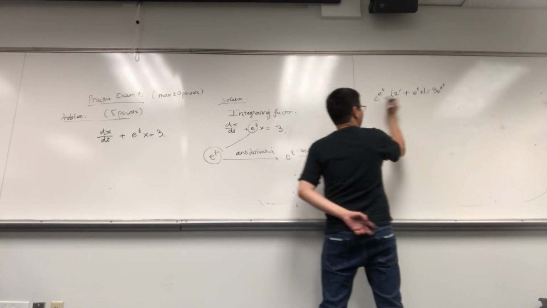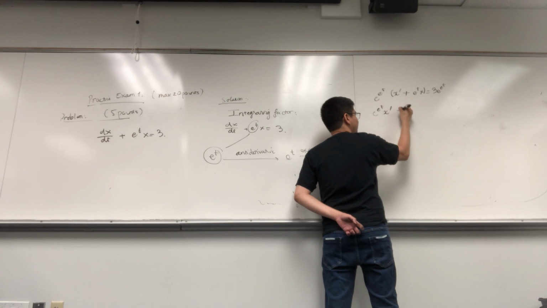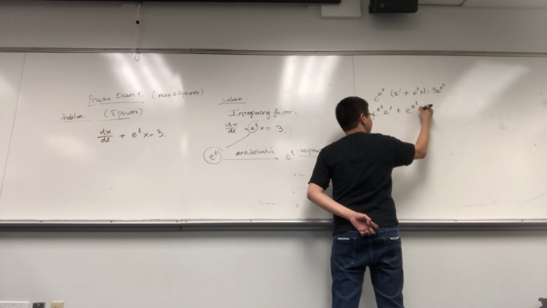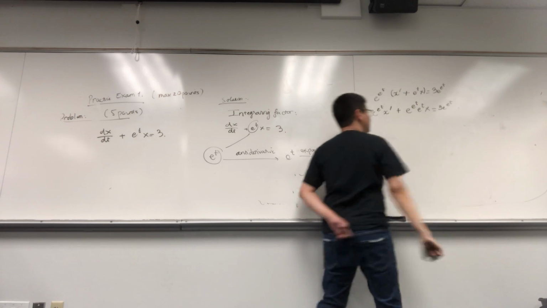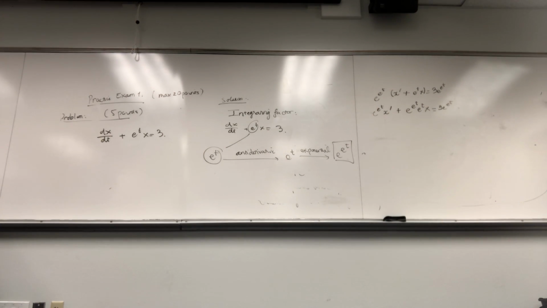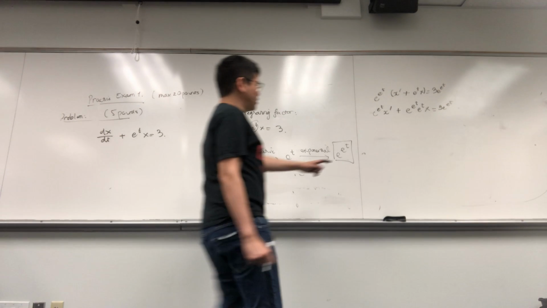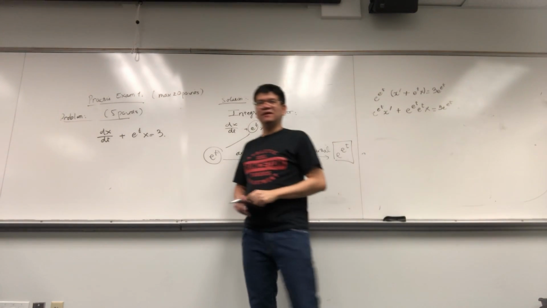Now I'm going to distribute e to the e to the t to the sum. I'm going to have e to the e to the t times e to the t times x, and this is 3 times e to the e to the t.